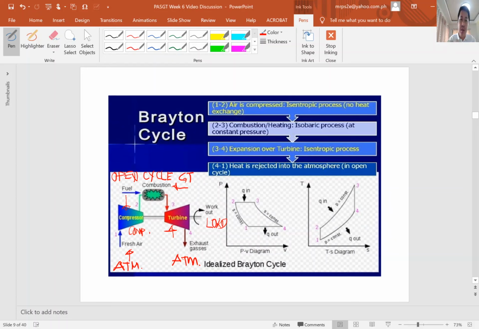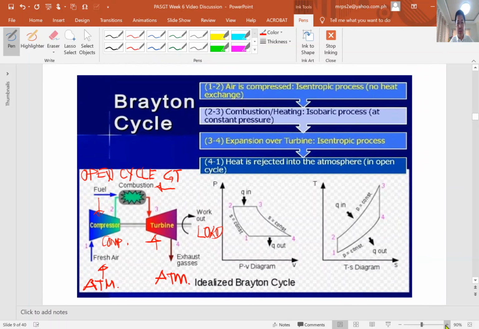So here, from 1 to 2, it is an isentropic process, no heat exchange. So the air is compressed. Here is the intake, the air inlet.